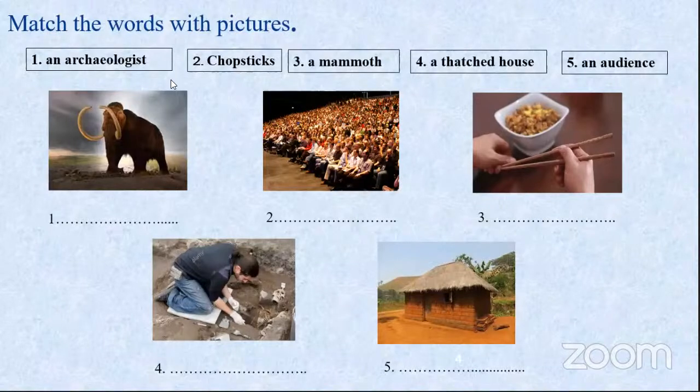Let's discuss it. The first word is an archaeologist. Second one, chopsticks. Third one, a mammoth. Fourth one, a thatched house.